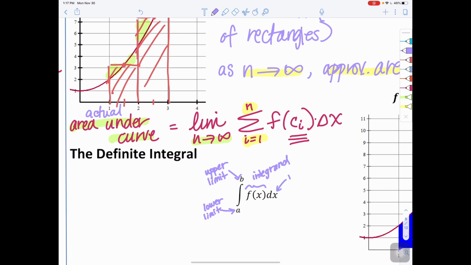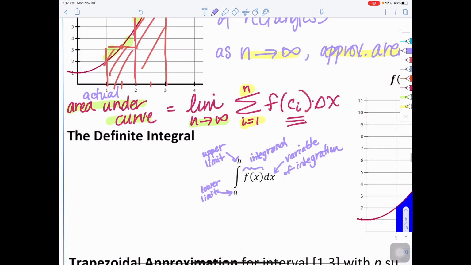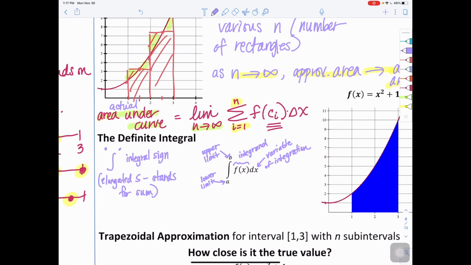And dx is our variable of integration. In this here is an integral sign. And what does that look like? It's an elongated S, which stands for sum. So that integral is going to give us the sum of infinitely many, infinitely thin rectangles. And that's what it's equal to.